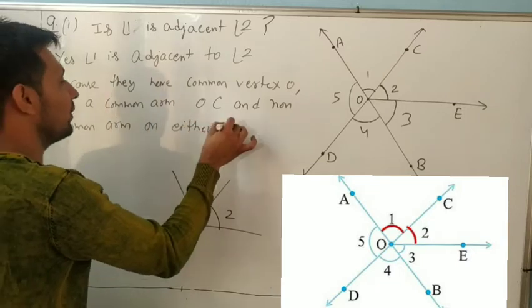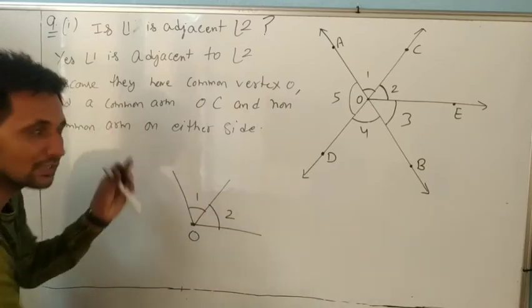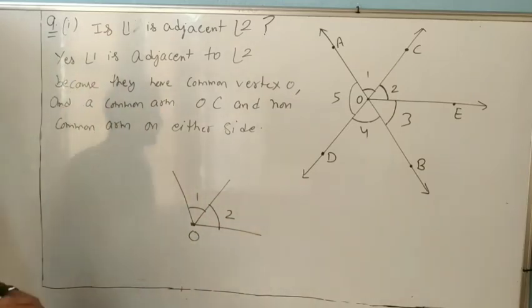Okay dear, always write the reason what is adjacent: on either side. That's why they are adjacent. Please note it down.